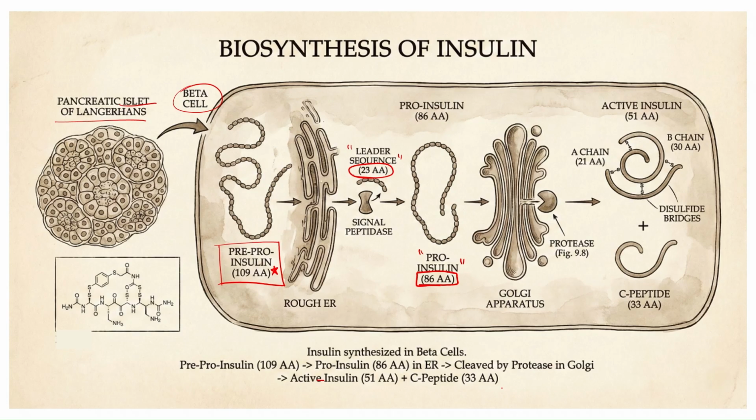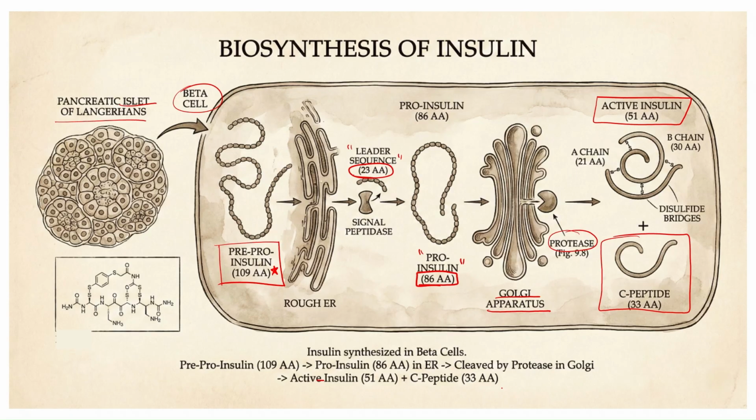This proinsulin will be processed in the Golgi apparatus, where the enzymes proteases will be acting on proinsulin, and a 33 amino acid polypeptide called C-peptide is removed, and the remaining 51 amino acid molecule is the active insulin.